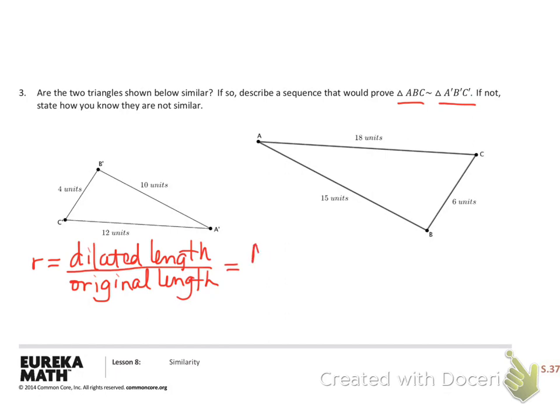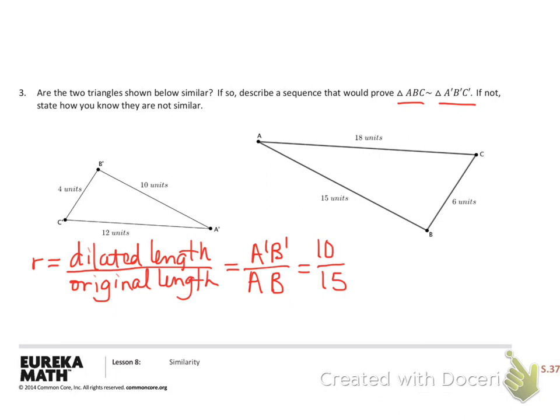So A prime, B prime would be the dilated, and AB would be the original length. So AB is 15, and A prime, B prime is 10.